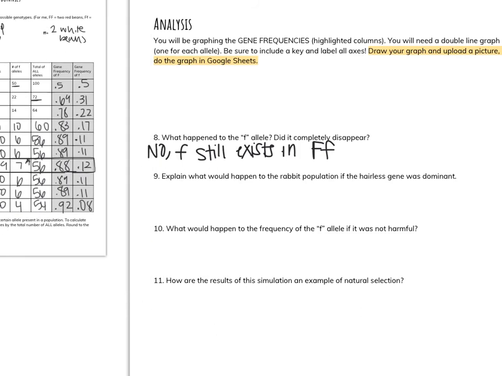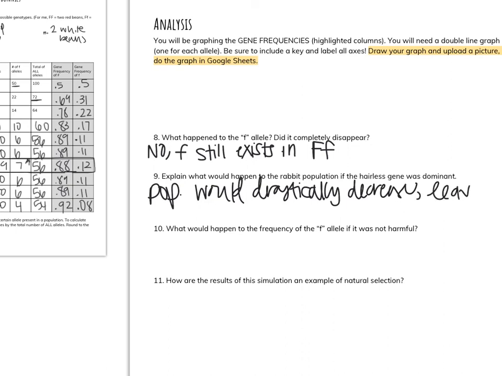So the population would drastically decrease, leaving only little f individuals to survive and reproduce.